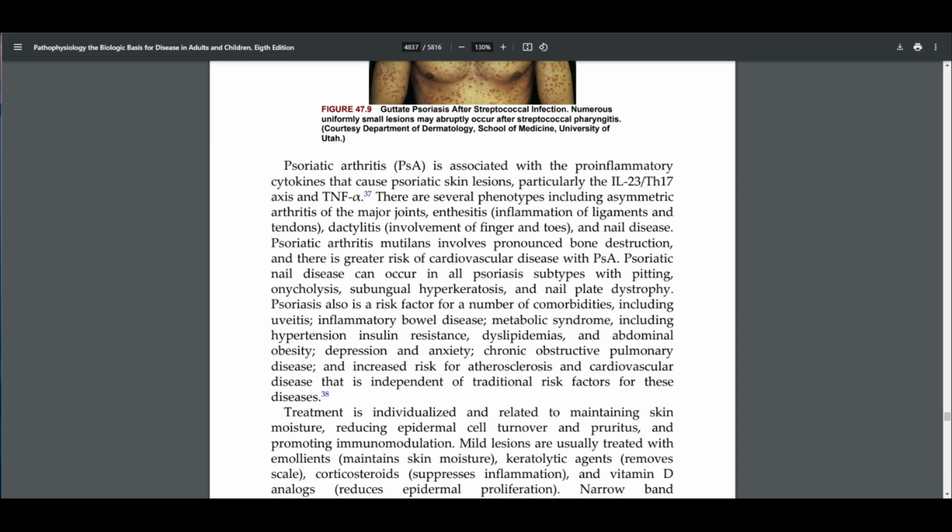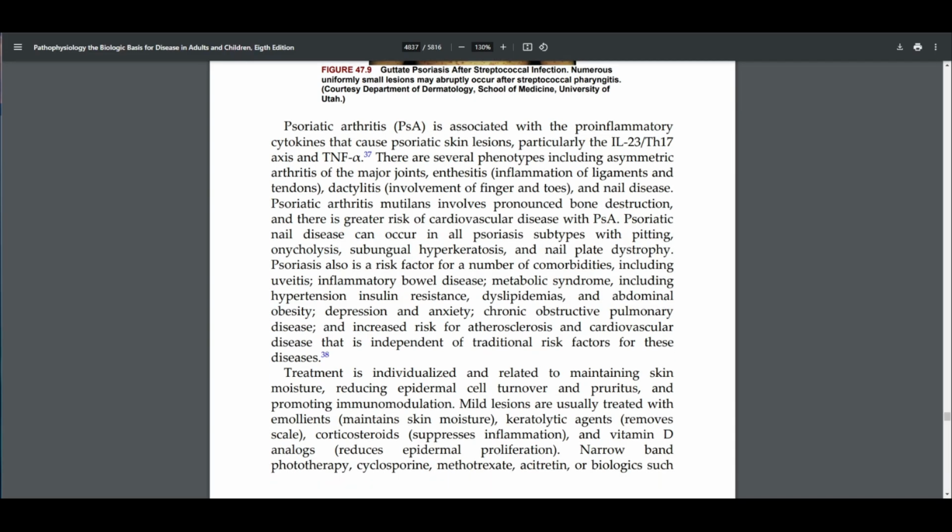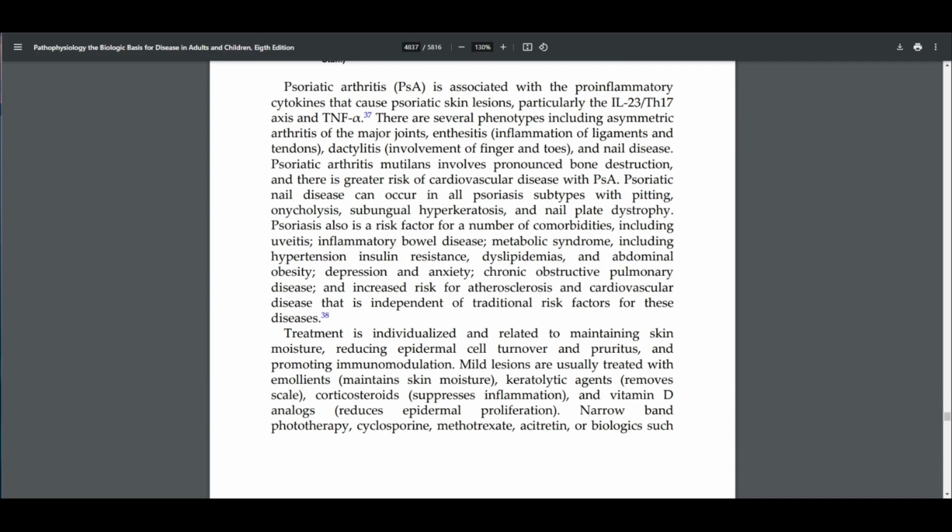Psoriatic arthritis mutilans involves pronounced bone destruction, and there is a greater risk of cardiovascular disease in PsA. So your psoriatic arthritis. Psoriatic nail disease can occur in all psoriasis subtypes, with pitting, onycholysis, subungual hyperkeratosis, and nail plate dystrophy.